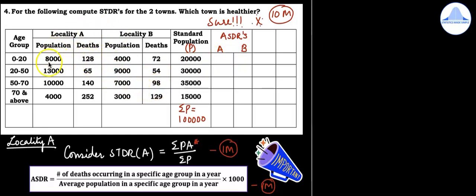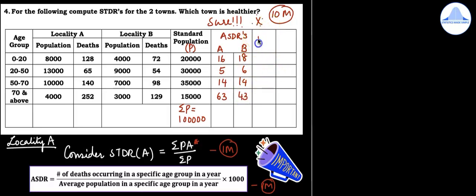So 128 divided by 8000 into 1000 is 16. Then you will get 5. Then 14, 63. Then similarly, ASDRs for locality B is 72 divided by 4000 into 1000. So you will get 18, then 6, 14 and 43.